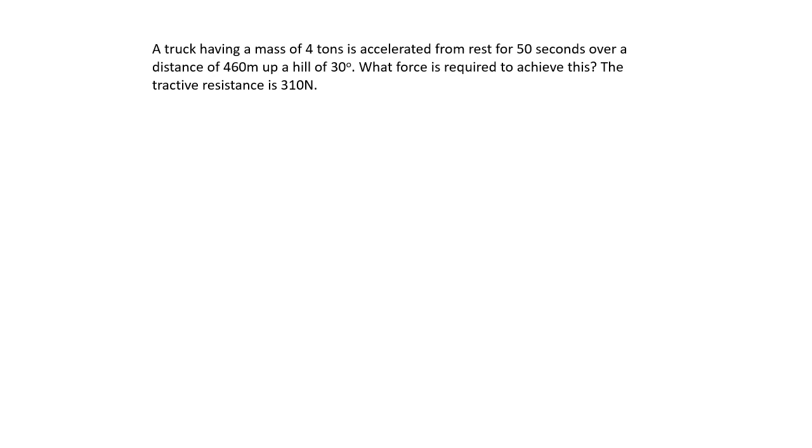Now we need to find the force required to achieve this, and we have a friction of 310 Newtons. Now we learned that the sum of forces related to the incline is the driving force Q minus the friction, that is 310 Newtons, minus the weight of the truck related to the plane, that W sine theta, and all of that equates to the mass times acceleration of the truck, which is the net force.